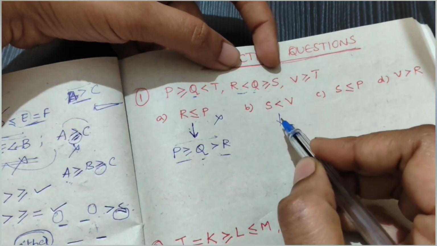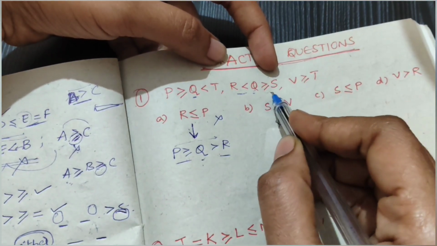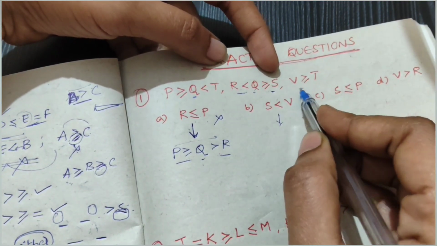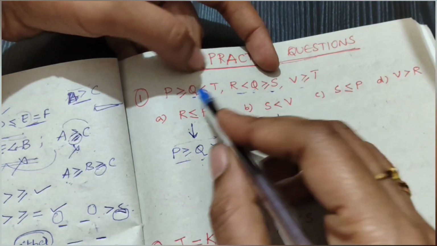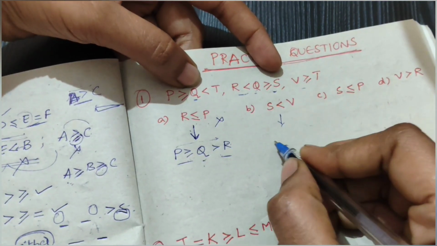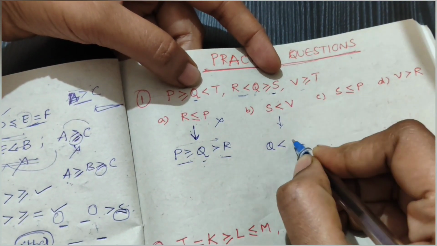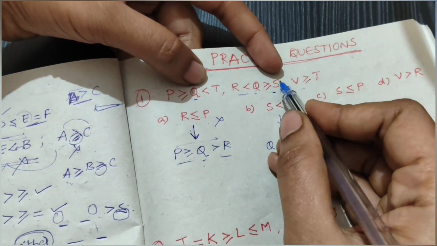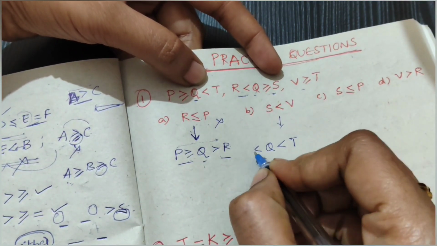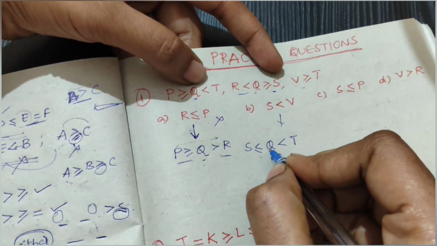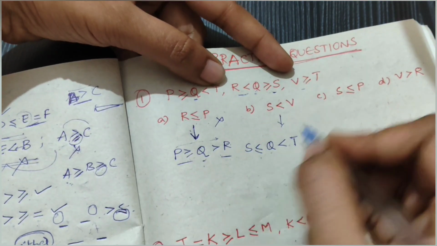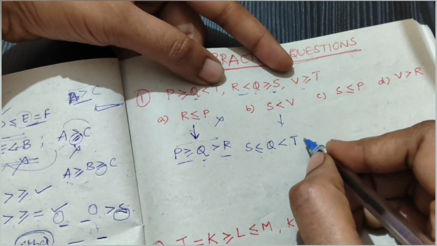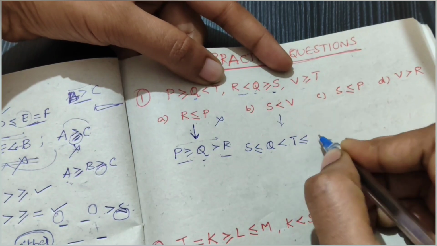Now s and v. For s and v, t is common. So s, q, t: we will write q less than t. q greater than or equal to s means s is less than or equal to q, q less than t. Now v greater than or equal to t means t less than or equal to v.